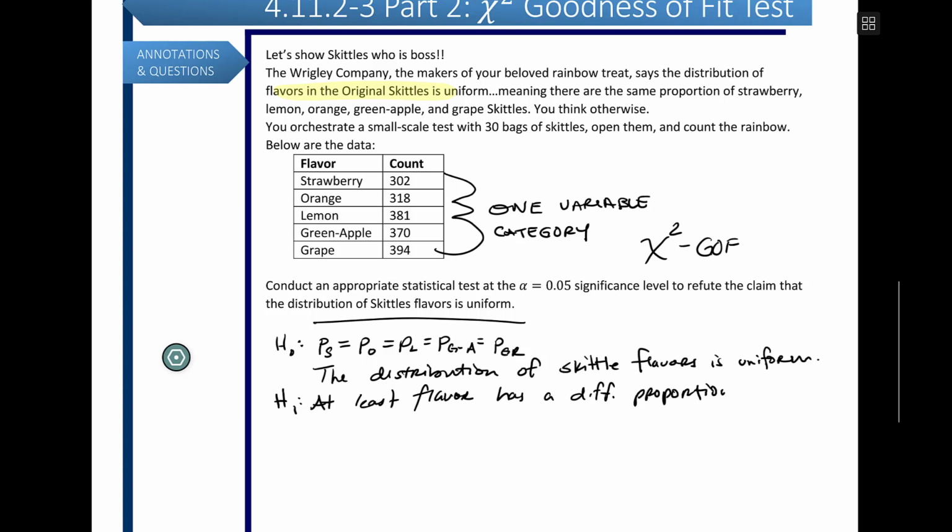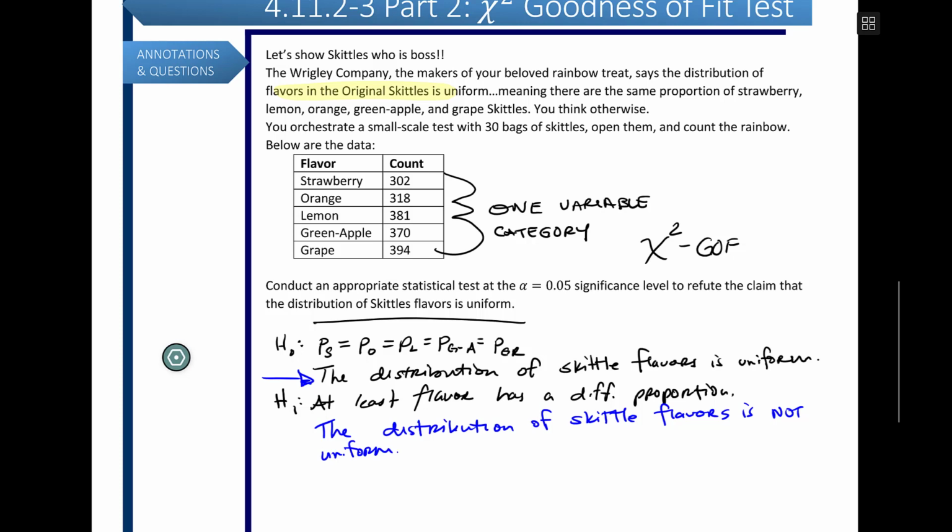Or probably the more simple way is to just refute directly this claim and say that the distribution of Skittle flavors is not uniform. Probably the simplest way to do it.